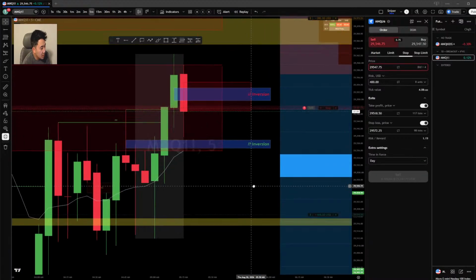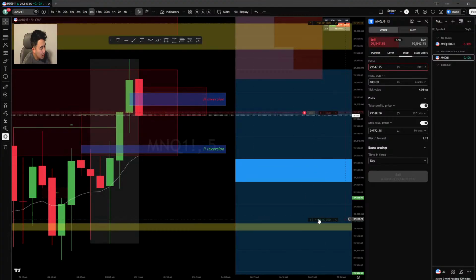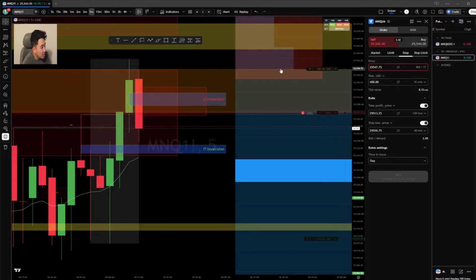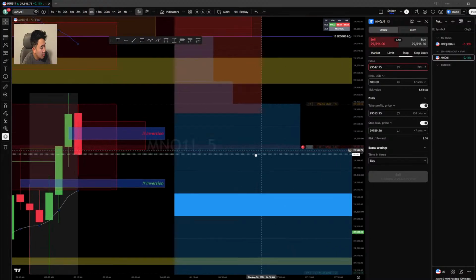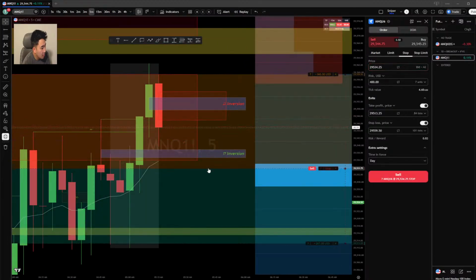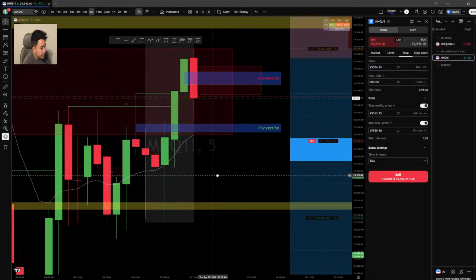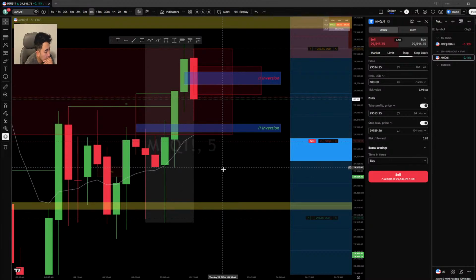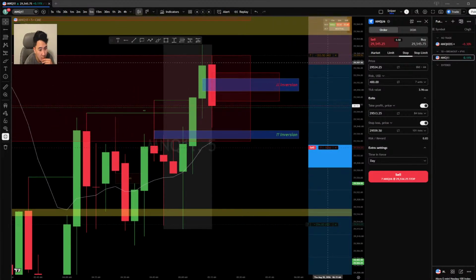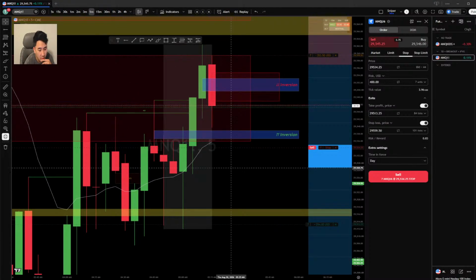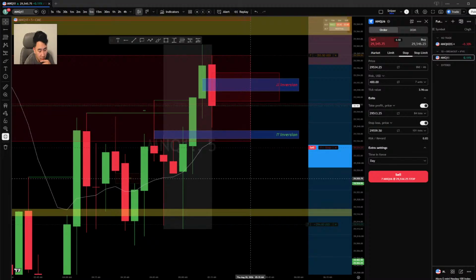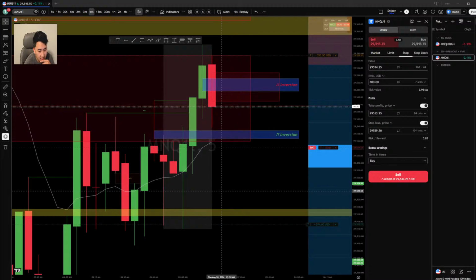TP would be 1-to-1, and then stop would be right at this candle high.